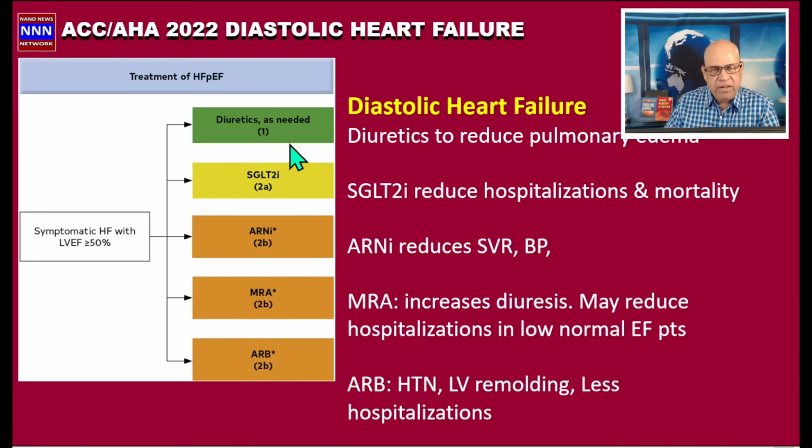But if you look at this chart here, there's only one recommendation that is a class 1 indication. So basically our treatment choice of class 1 indication boils down to diuretics.